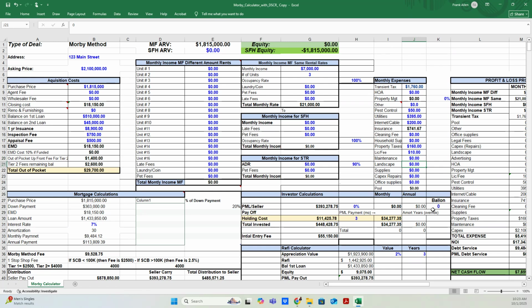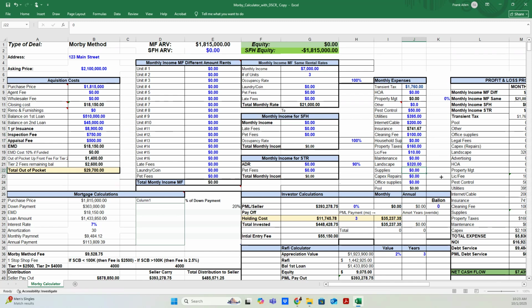Landscape was $320. Supplies, he's going to have to buy supplies if he's going to be cleaning. So let's say $100 a month. Or do I have cleaning supplies? I do. Okay, let's go back to cleaning supplies. I'm going to add 100 in there since he's doing it himself.